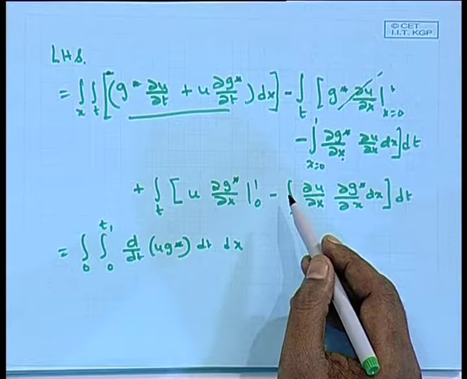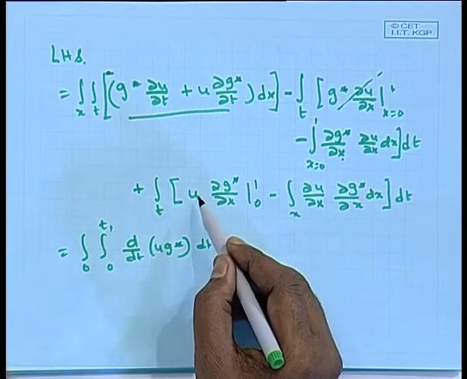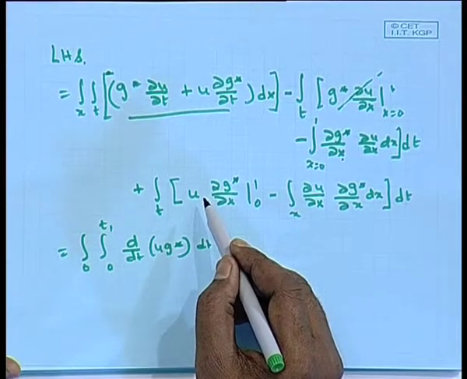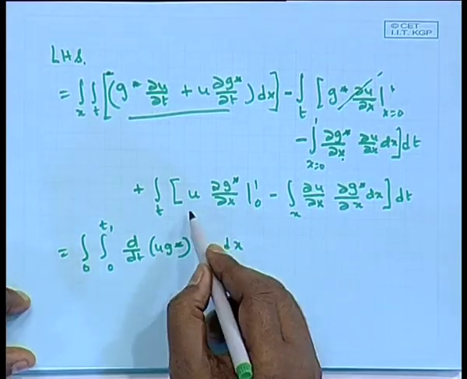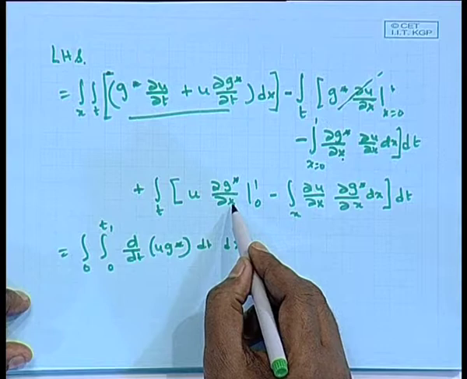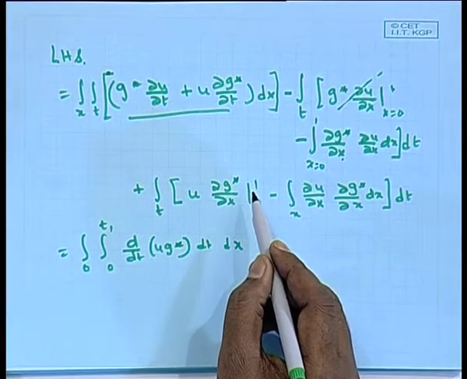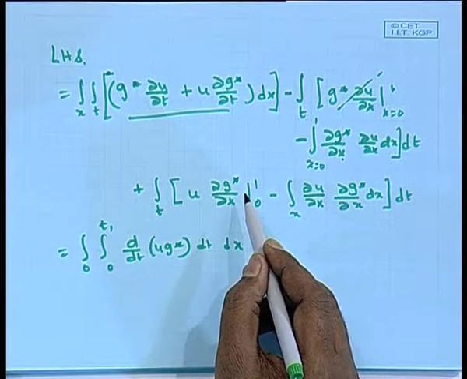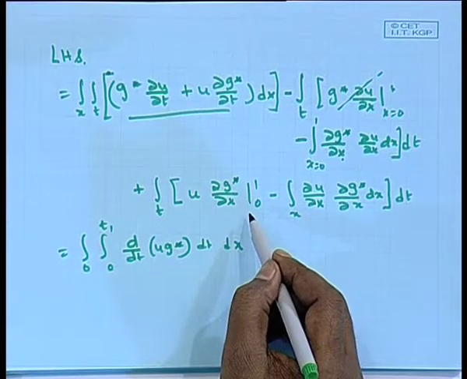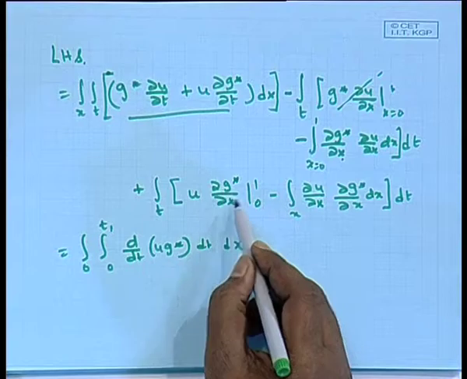At x equal to 1, u is equal to something non-homogeneous, p or something, right? Just look into it, it was p, and del G star/del x, you have an analytical expression of G star, you can take the derivative of G star, evaluate at x equal to 1, so it will be non-zero.